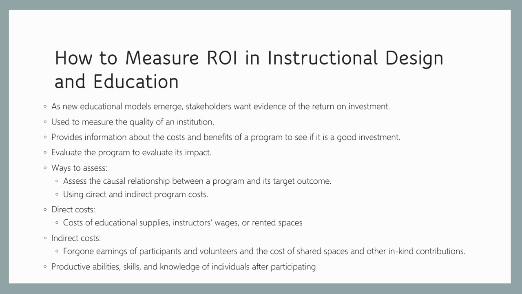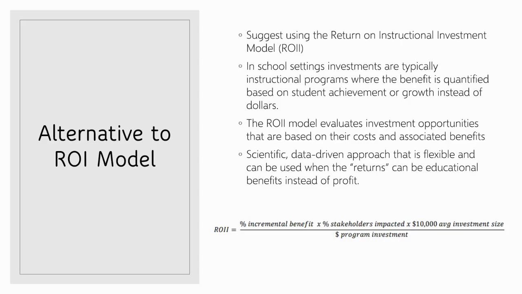Reiser and Dempsey state this measures variables specified in the program's objectives and identifies the unintended outcomes. During this step, a cost analysis is also performed. Reiser and Dempsey note that the product evaluation is useful when making a summative evaluation decision, which tells the overall merit and worth of the program. This helps calculate return on investment.